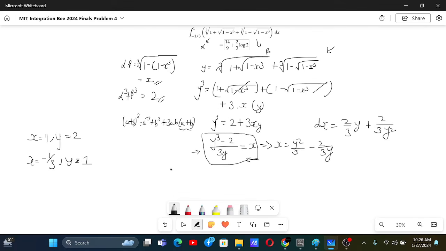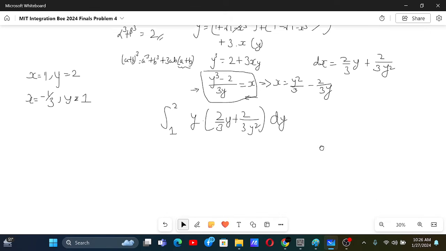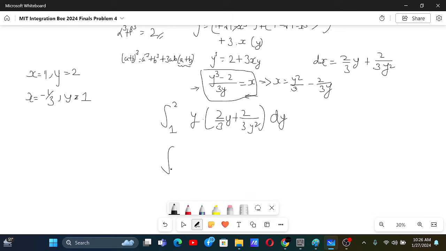So at x equals minus 1 by 3, we change it to 1 and we change the upper limit to 2. Now this whole expression is just y, and the dx will be 2 by 3 times (1 plus 1 by y square) dy. So this is our dx. Now it's easier to integrate. It's just a matter of some manipulations which anyone can do.